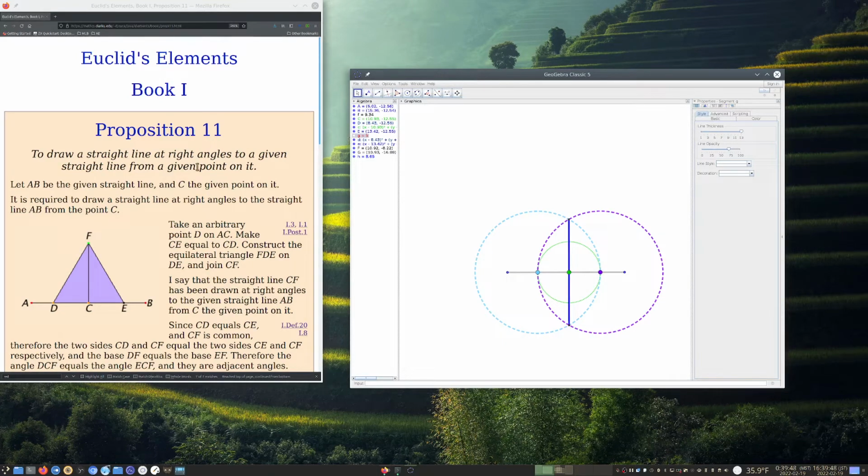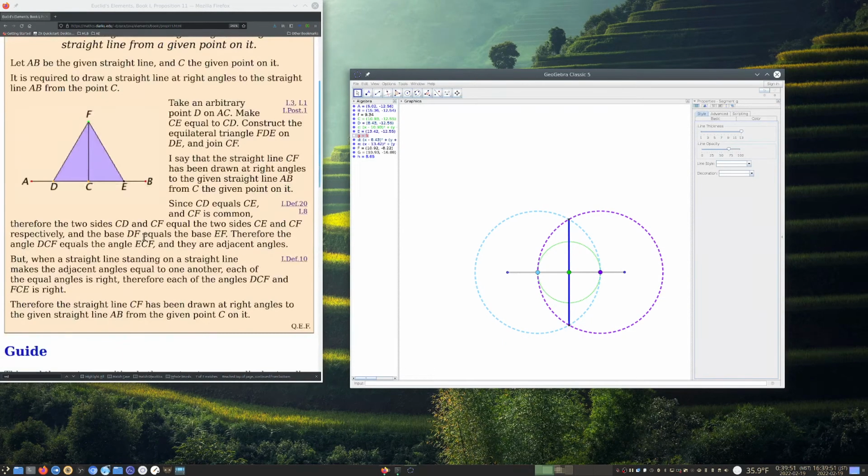Since CD equals CE and CF is common, therefore the two sides CD and CF equal the two sides CE and CF respectively, and the base DF equals the base EF.